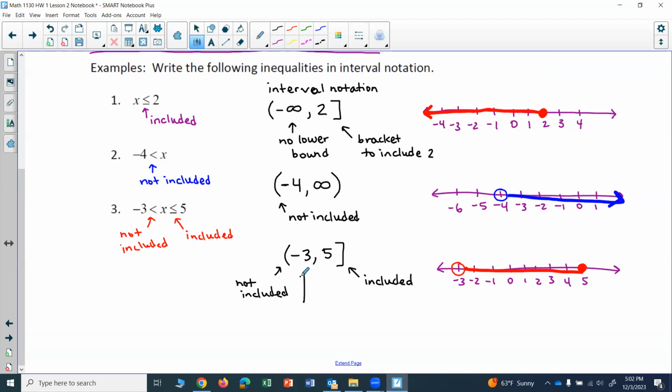And then I always go from a lower bound to an upper bound, or smallest x to the highest x. If there's no lower bound, you use -infinity as your lower bound with a parenthesis. If there's no upper bound, you use +infinity as your upper bound with a parenthesis.